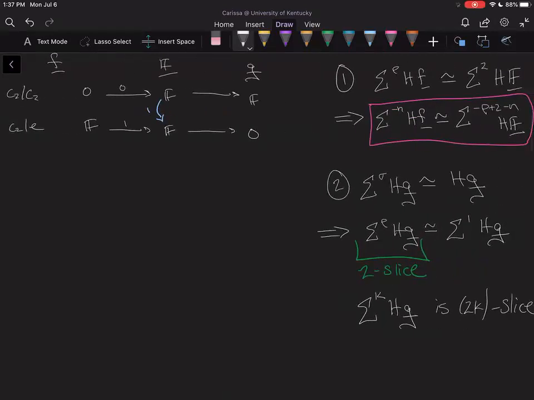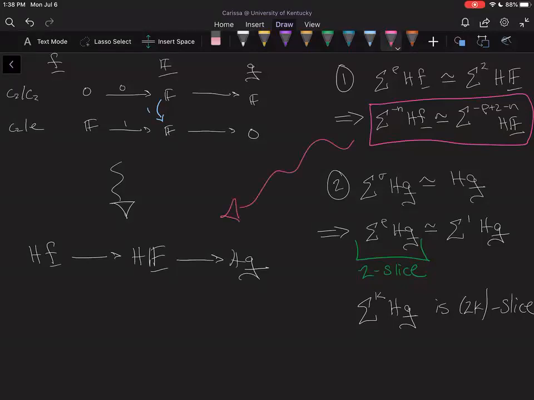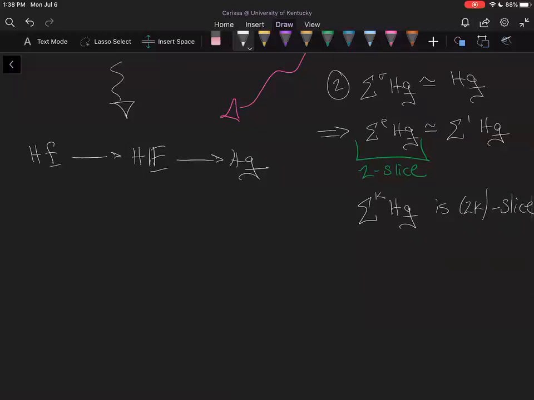Now, we can take those couple pieces of information and take our Eilenberg-MacLane spectra, HF to HF, HG, and then we can use our nice little equivalence here to get a fiber sequence or co-fiber sequence where we get rid of the little f.